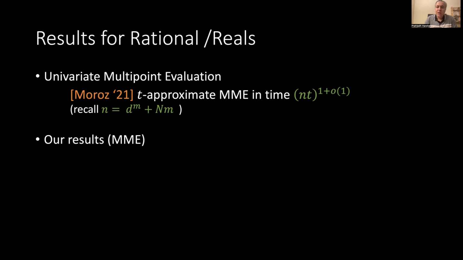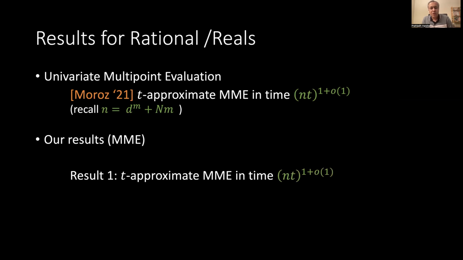Our main results are an extension of Moroz's results to the multivariate setting. In particular, we show that the t-approximate MME can be solved in time nearly linear in n times t.